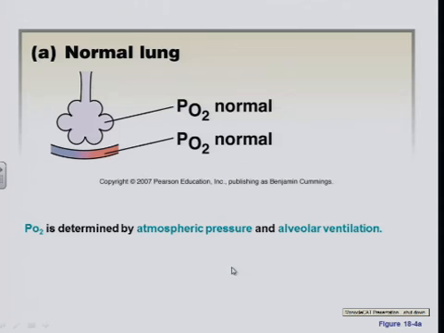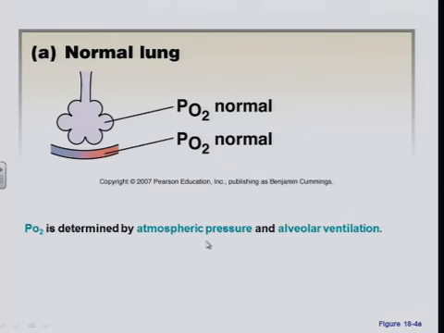So now we continue. Remember, normal lung. As we breathe, we typically have a normal alveolar PO2. And we have a normal arterial PO2. However, PO2 in the alveoli is determined by atmospheric pressure and also alveolar ventilation.